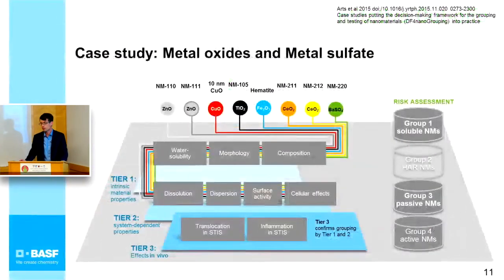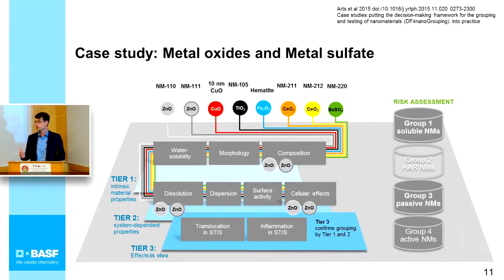Let me show you one example of how this looks before we go into details. So here we have a couple of metal oxides that are well known, many of them from the OECD sponsorship program. And so we first look at our tier 1 assessment. Let's start with zinc oxide. Of course, we know zinc can be cytotoxic. And actually, in tier 1, zinc oxide is not water soluble above our cutoff. So we do not consider it as water soluble in tier 1.